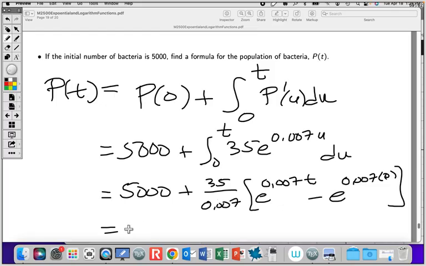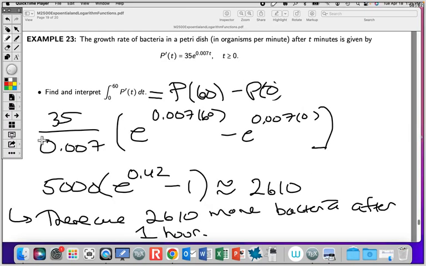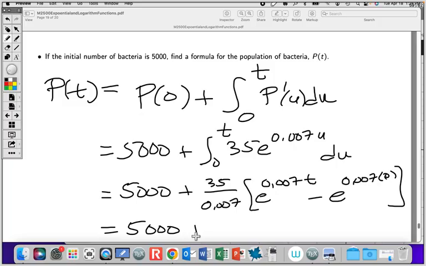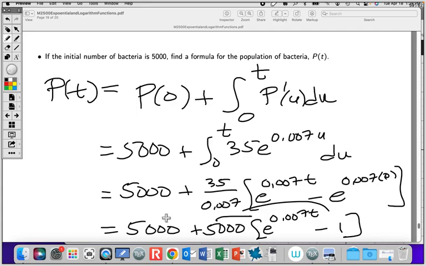And we know that this is 5,000. And we have that this is e to the 0.007 t minus 1. So look what happens when I distribute through. These 5,000s cancel out.